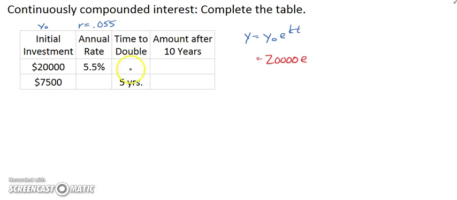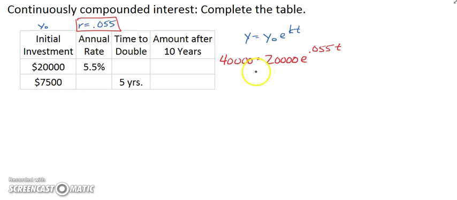You want to know what time it's going to take for you to get to $40,000. And it turns out that your constant of proportionality is that rate. So you could solve this equation for t.